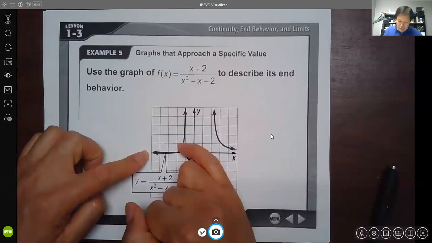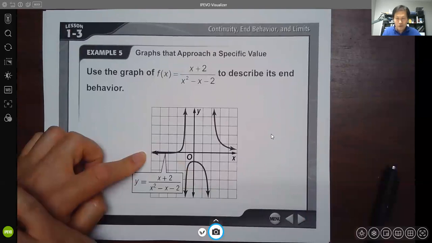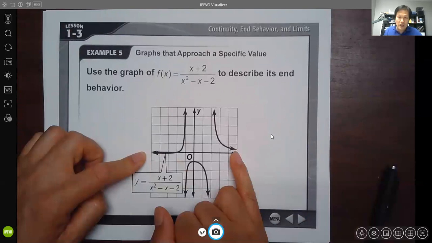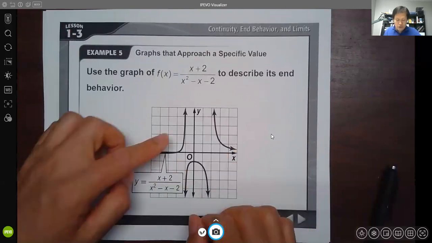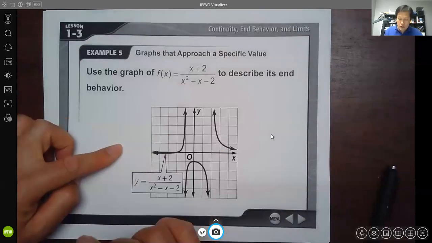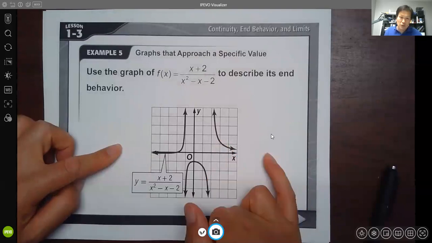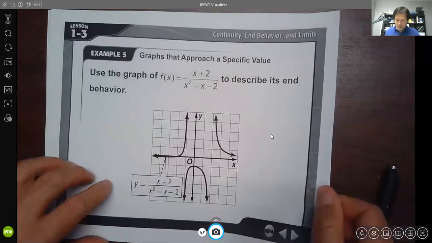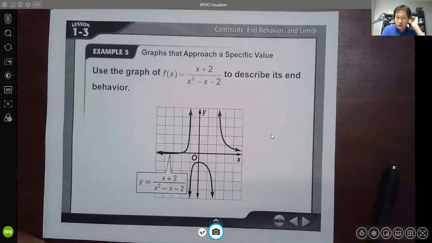Someone says, well, it keeps decreasing. So you have to be a little careful here. Oh yeah, it keeps decreasing, minus infinity. Actually, it's not. In this case, when it keeps going to the left, it's actually approaching 0. You keep going to the right, it's actually approaching 0. So for that, you might want to play with the calculator.